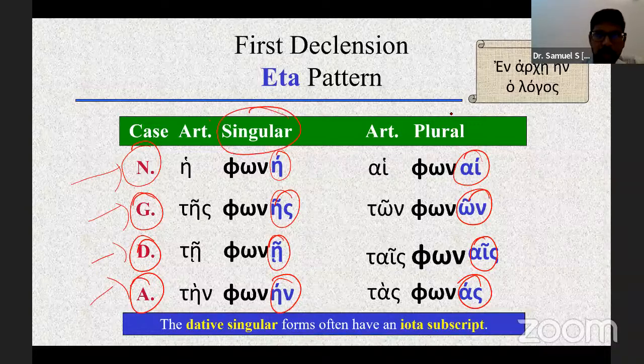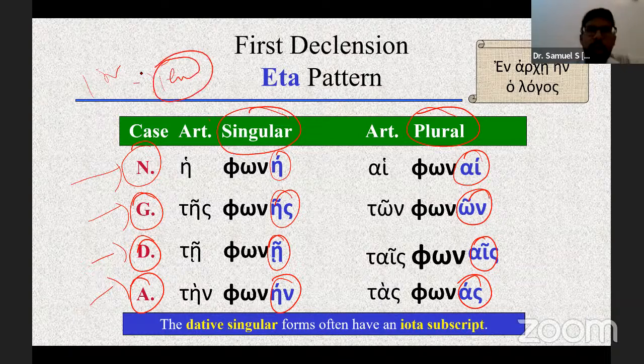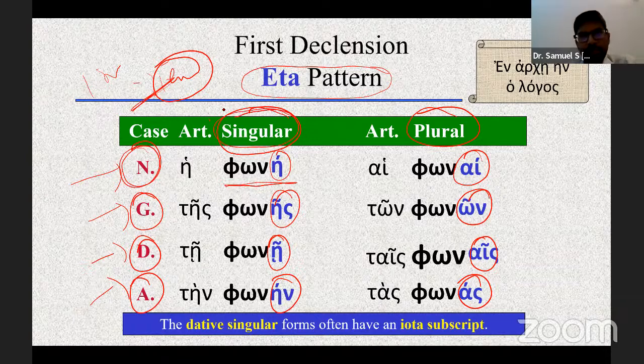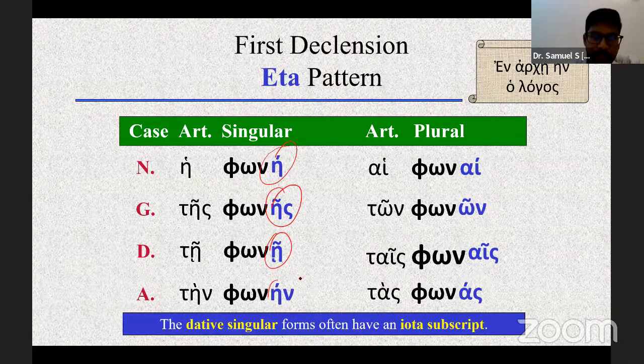And the number, singular, plural. And most of the nouns in the first declension are feminine. So now you have all three aspects. Gender: the eta pattern is usually feminine. So phone is a feminine noun, nominative case, singular number. Everything is in this paradigm. So what are we supposed to do now? Very simple. We have to learn these endings.